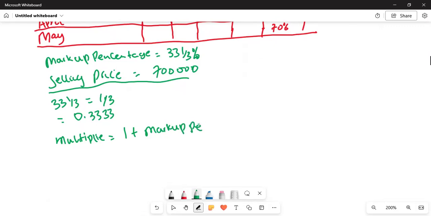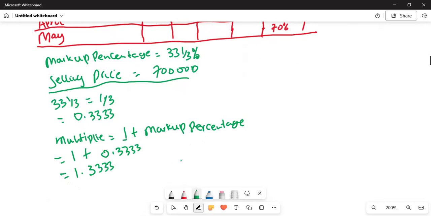So we are going to say 1 plus 0.333, which is going to give us 1.333.